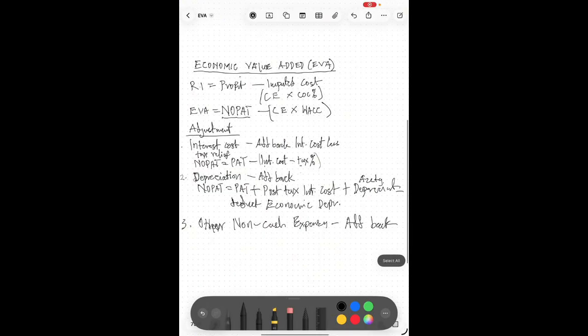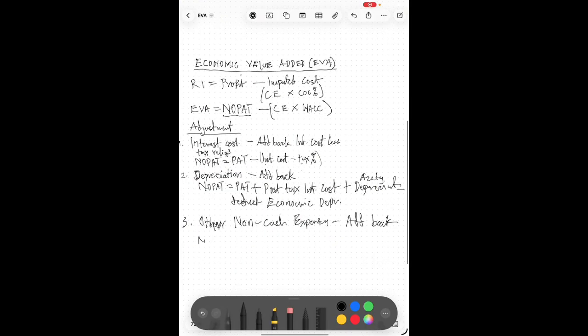So if I want to calculate my net operating profit after tax, I start with my profit after tax, add back interest costs, less tax relief, add depreciation, because all these things would have already been deducted before arriving at profit after tax.